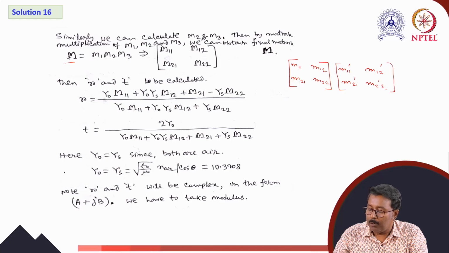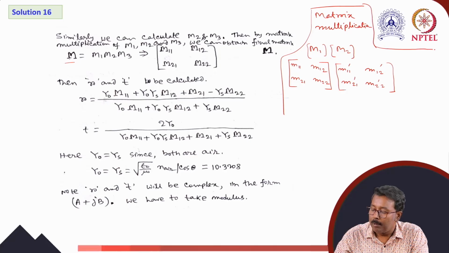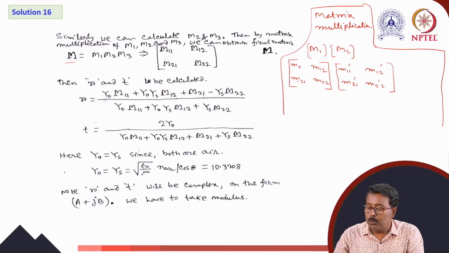You have to take the dot product, row into column. Here M1 is a 2 by 2 matrix and M2 is also 2 by 2, so the product will also be 2 by 2.